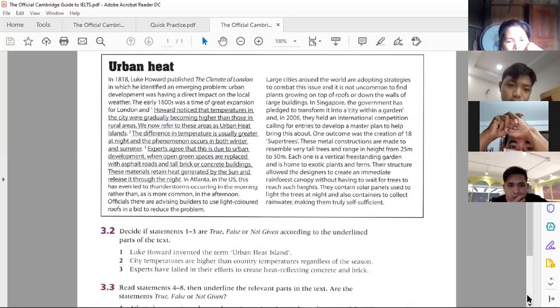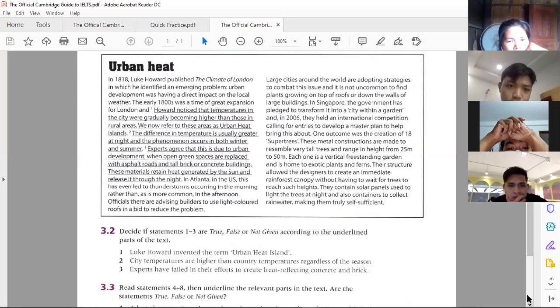Okay. Sarah, what do you think? I think not given. Not given. Do you think the phrase urban heat island is not in the text? Are you sure? Look at the first number one in the front. Howard noticed that blah blah blah.